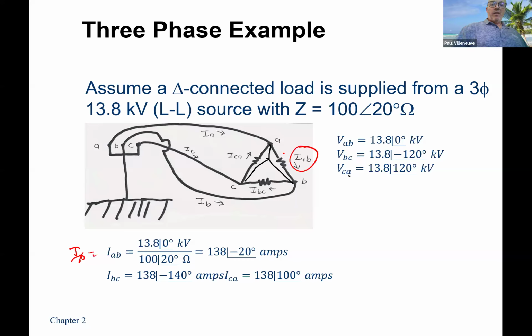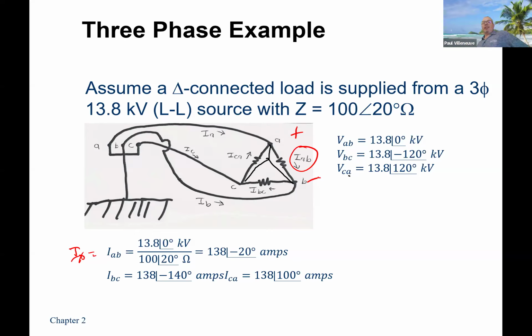So to solve for the phase current, this is I phase, which is the current right here flowing through one of the phases in the delta. That's the voltage across it, which is our phase voltage or line voltage, divided by the impedance, 100 at an angle of 20. And when I do that, I get 138 at an angle of minus 20 amps.